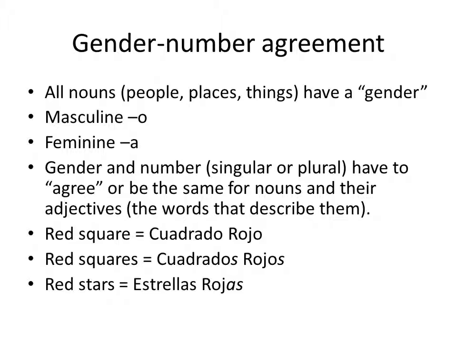But if we wanted to say red squares, the number has to agree. If we say that there is more than one square, we'd say cuadrados. And so the adjective, which is the color red, also has to be plural. That's different in English than Spanish. So if the color red is plural, it's rojos. So red squares is cuadrados rojos.